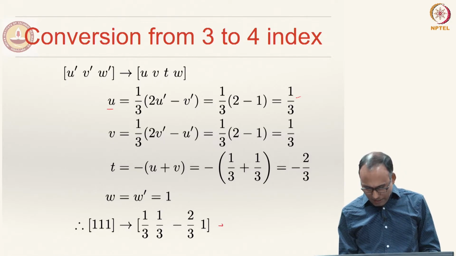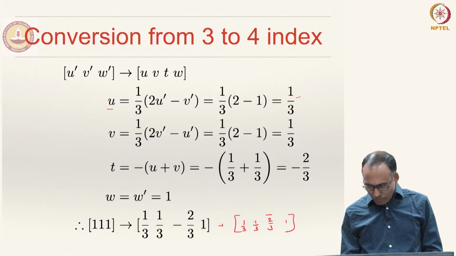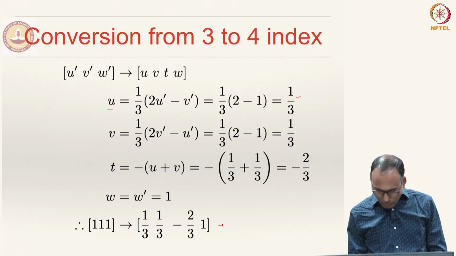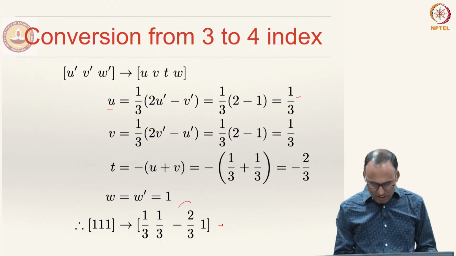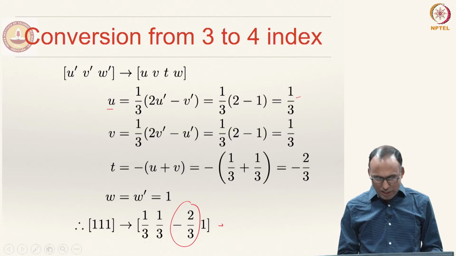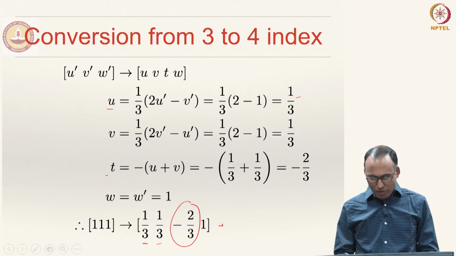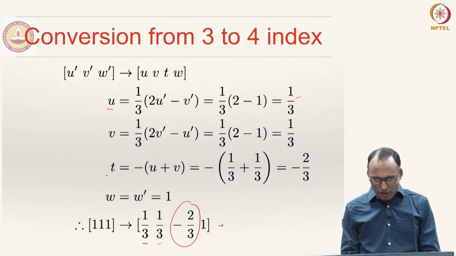So, that should be written as 1/3, 1/3, 2/3 bar and 1, but of course, the minus should not be written as minus. You can see that it is minus of 1/3 plus 1/3. So, you really do not have to calculate t. You just have to calculate u and v, and t will be the negative of the sum of these two.